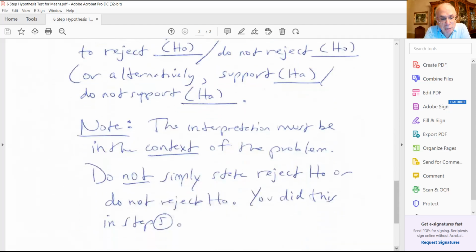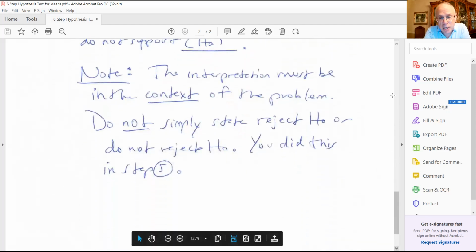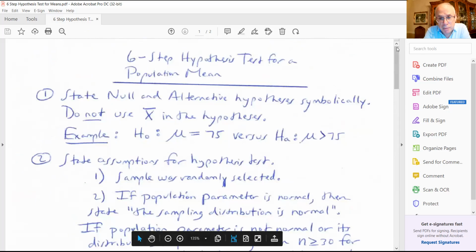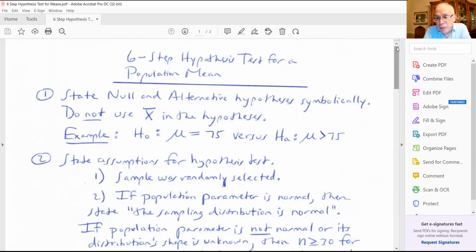All right, this particular handout will be posted in Canvas, along with the other 6-step hypothesis test for population mean. And again, watch these videos, watch them again. If you need to watch more than once, watch them more than once. Try the homework.